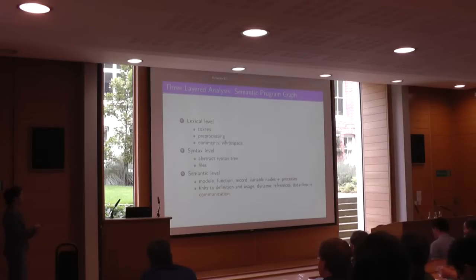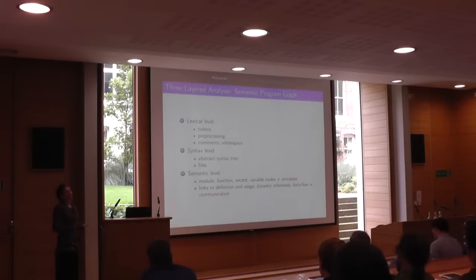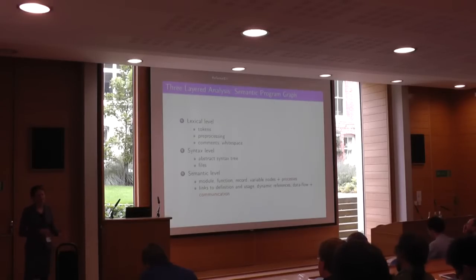And we have a semantic level, and this is the most interesting part of the tool because it contains the semantic information about the source code. And there are so-called simple information such as function relations, variable binding structures.